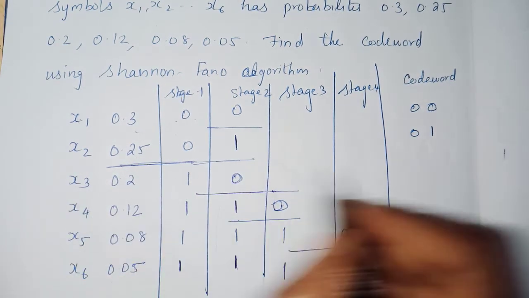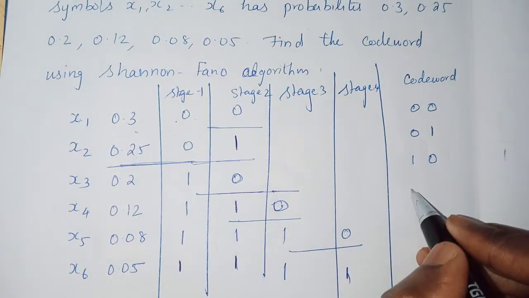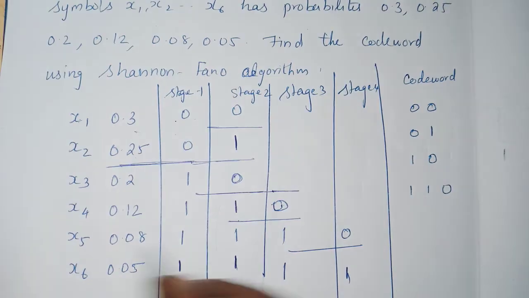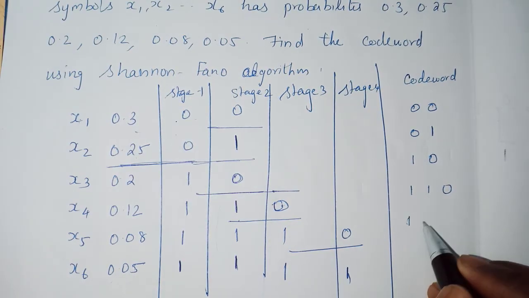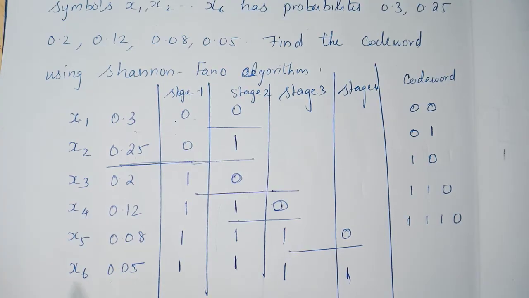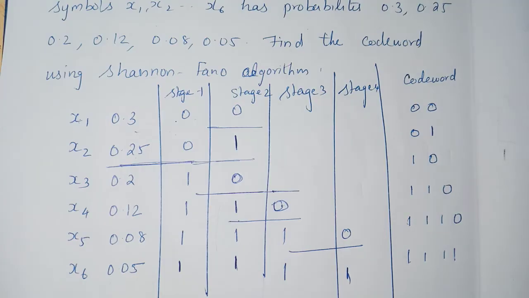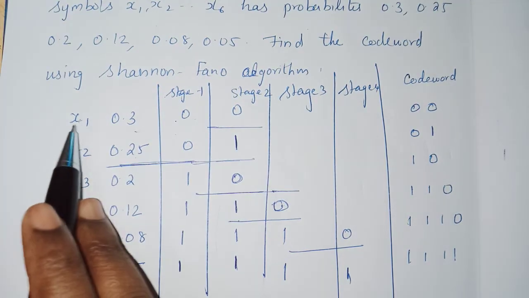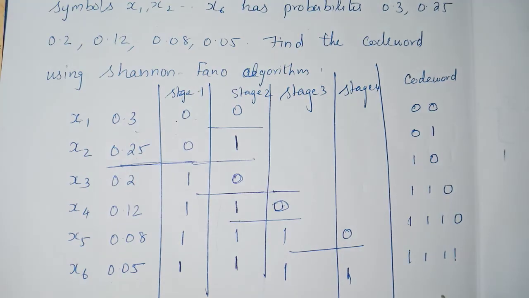The code word for x3 is 1 0. The code word for x4 is 1 1 0. The code word for x5 is 1 1 1 0. The code for x6 is 1 1 1 1. Okay, so this is the code word for each symbol using Shannon Fano coding.